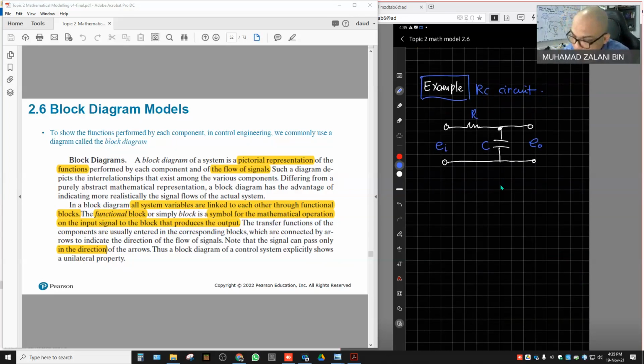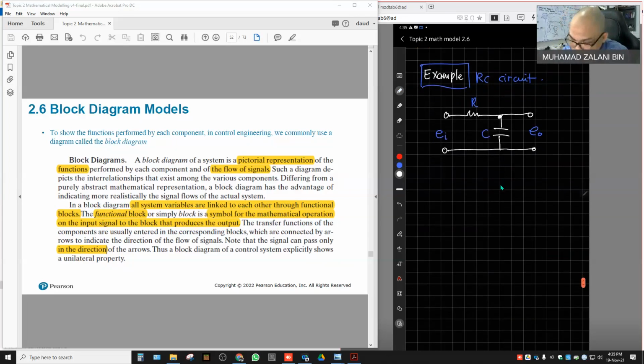Okay, so we can write the equation of this system.